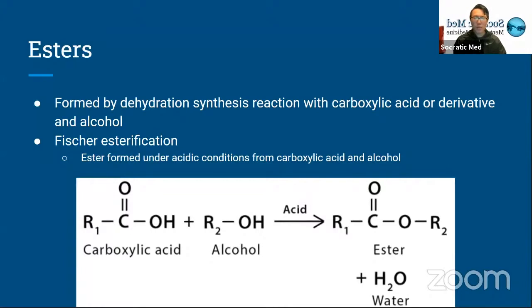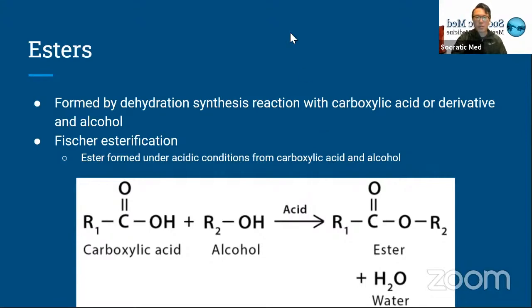The most common ester synthesis is called Fischer esterification. This is when an ester is formed under acidic conditions from a carboxylic acid and an alcohol. As you can see on the bottom, when you react a carboxylic acid and an alcohol under acidic conditions, you form an ester product, and the molecule loses water as a side product.